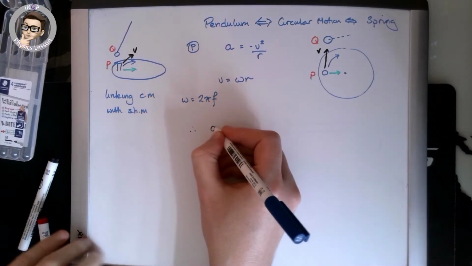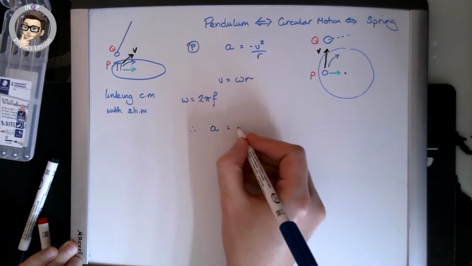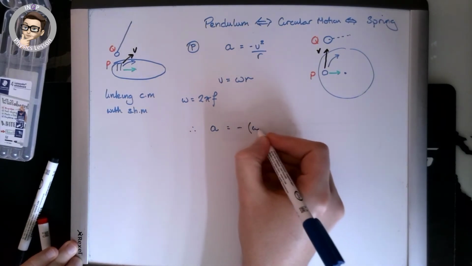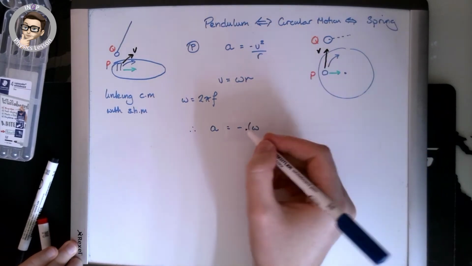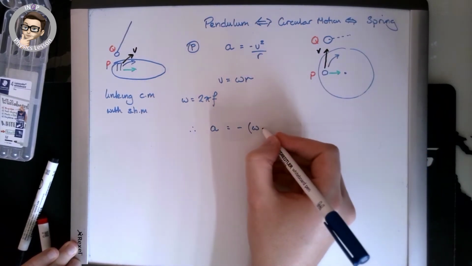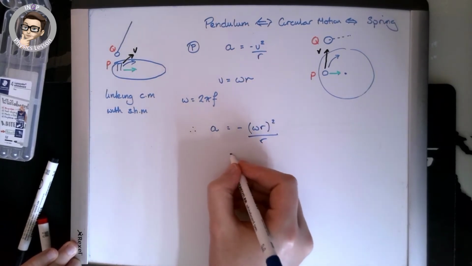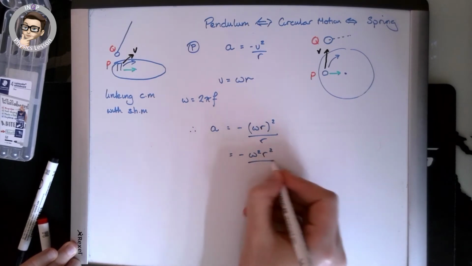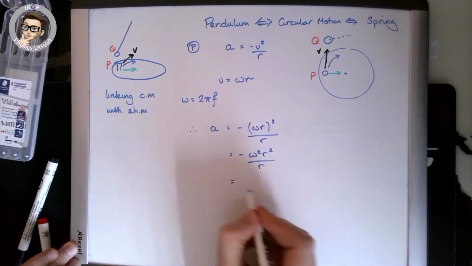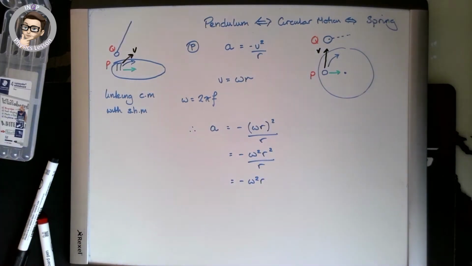Acceleration is minus v squared over r, I'm getting ahead of myself, which is the same as minus omega r all squared over r, which is minus omega squared r squared over r, which is minus omega squared r.